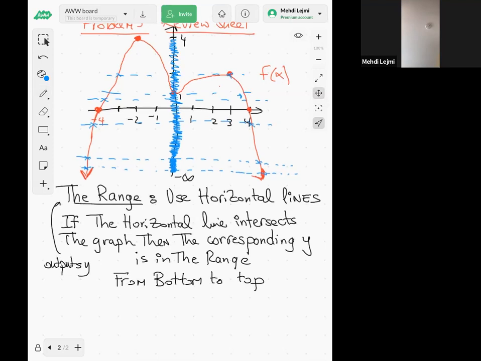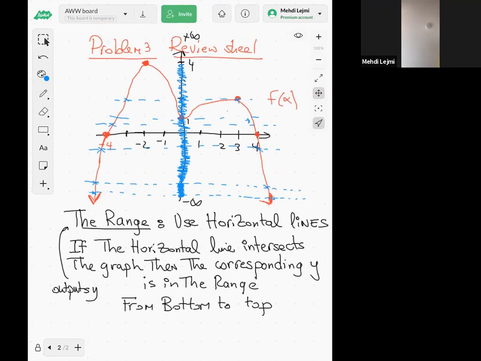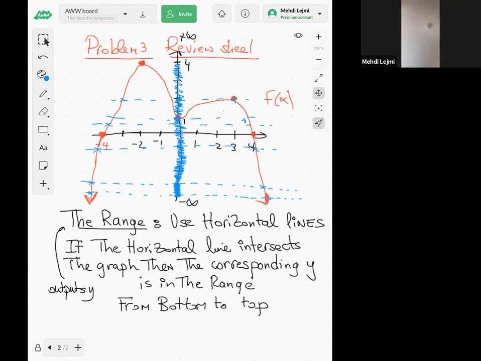So you see, guys, at 4 you're going to have an intersection at exactly one point, right at this point here. But if you take a horizontal line just after 4, then your horizontal line doesn't intersect the graph, so it's not in the range.